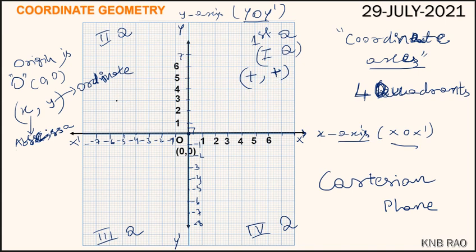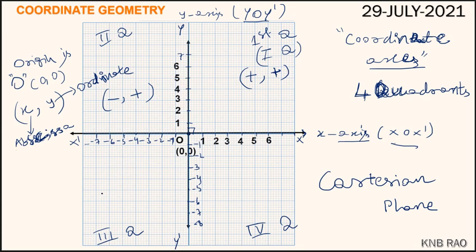For any point lying in the second quadrant, the x coordinates are negative and the y coordinates are positive. So, any point of the nature minus, plus or negative, positive will lie in the second quadrant.